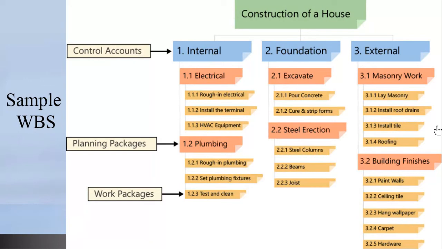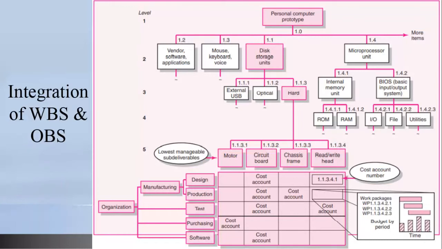Now let's go and look at your cost account, which is what we were looking at here. Now, when we break down, each work package has a number. Everybody agree on that? Yes, sir.